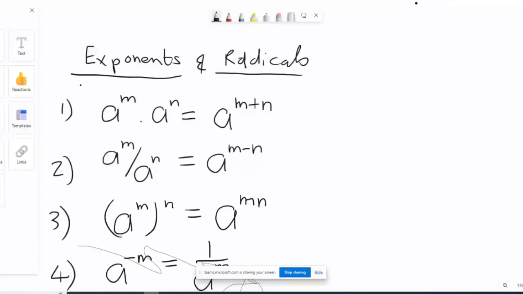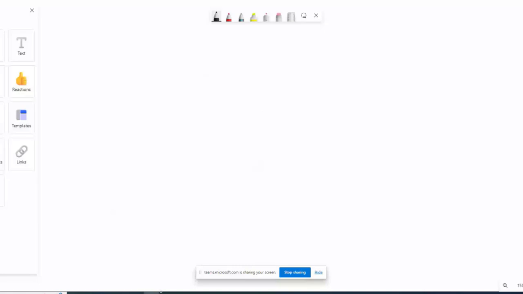Let's just go down here. So let's look at the notion of rationalizing a denominator. It falls under this section called exponents and radicals.